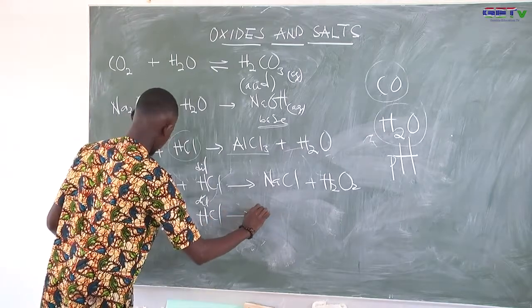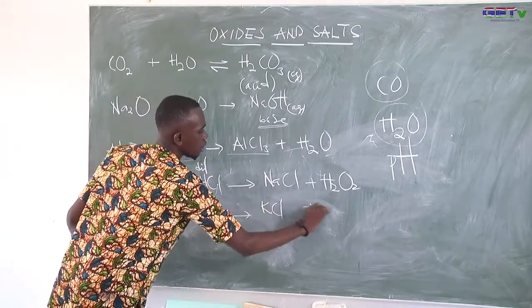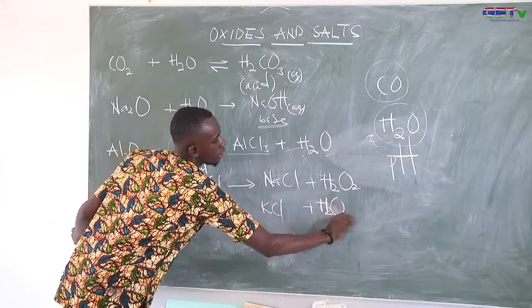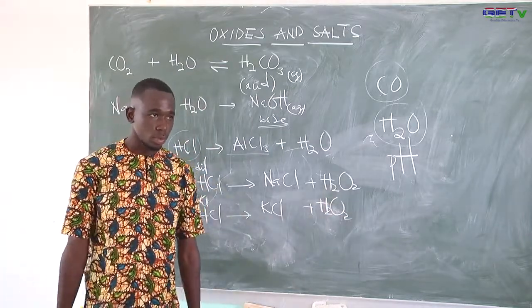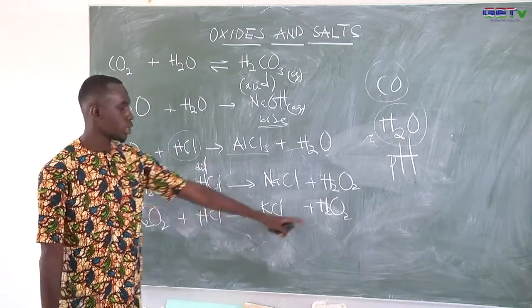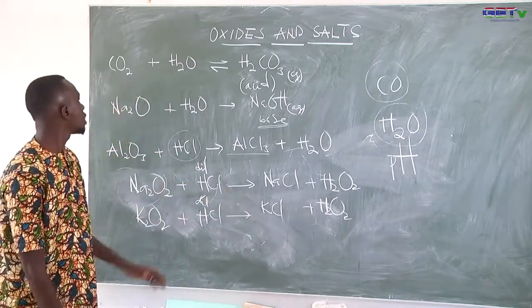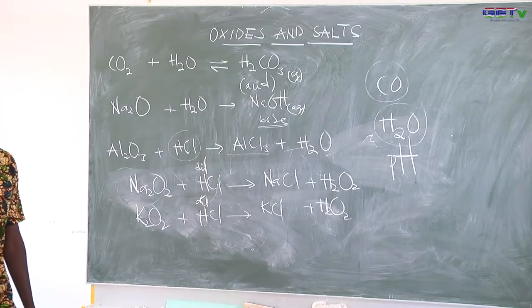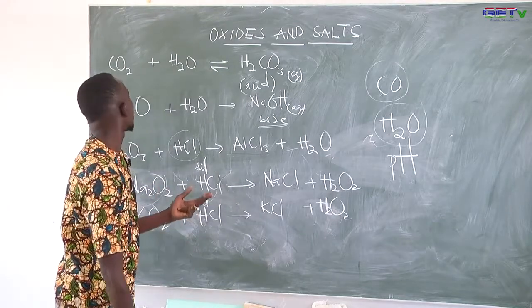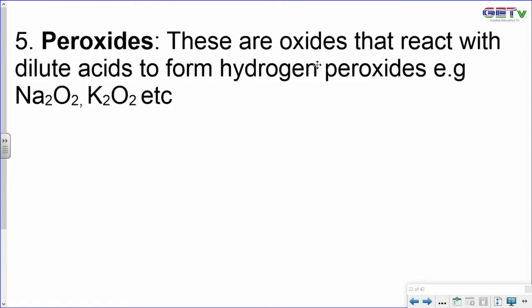It will form KCl, and hydrogen peroxide is also produced. So these are the 5 types of oxides we have: acidic, basic, neutral, amphoteric, and peroxides.